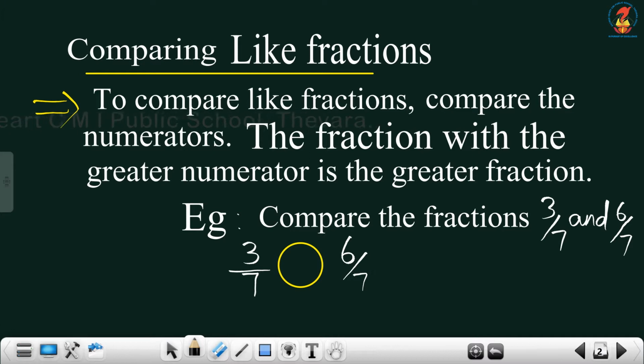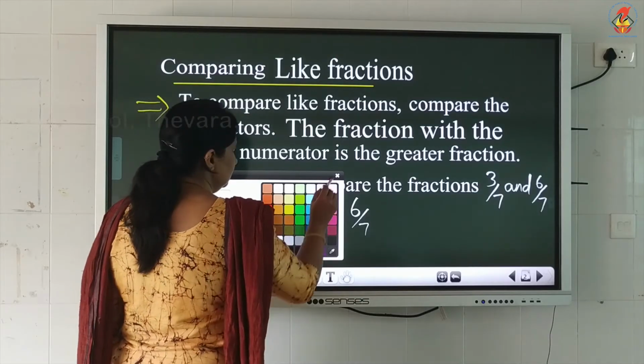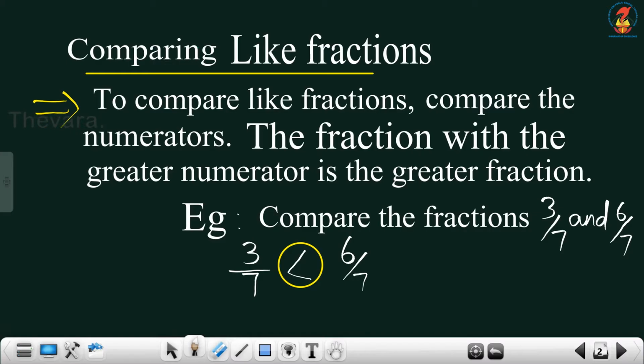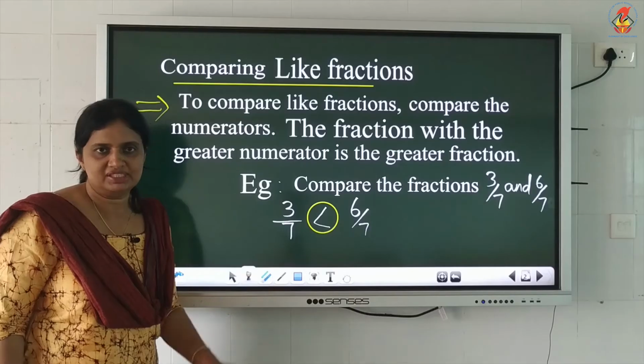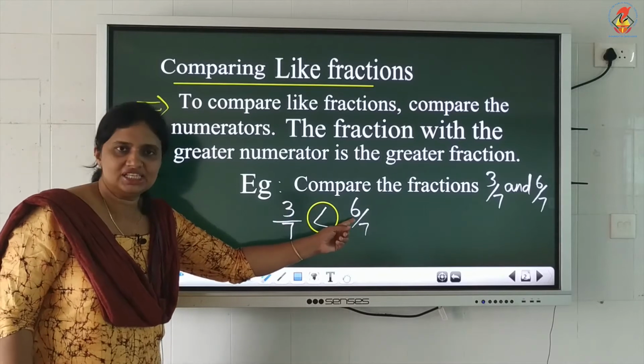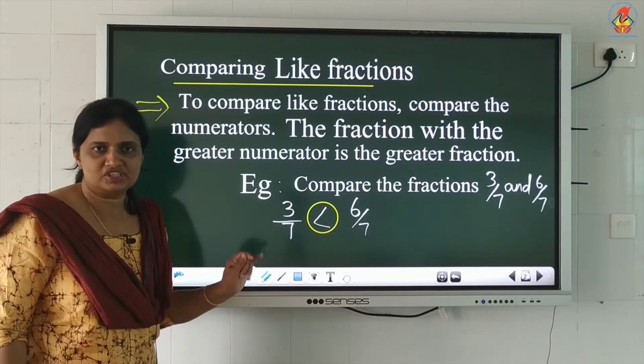Is it clear? Then we need to put the sign here, right? Which fraction is greater? 6/7 only, because the numerator is greater in 6/7. That's why 6/7 is the greatest fraction, right?